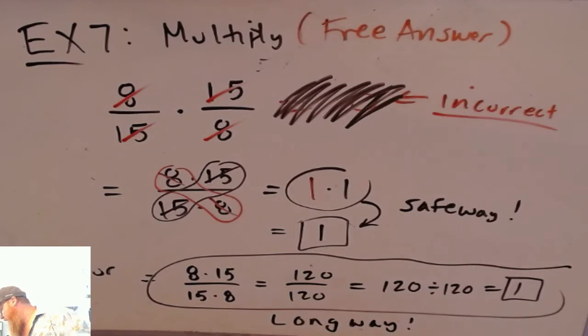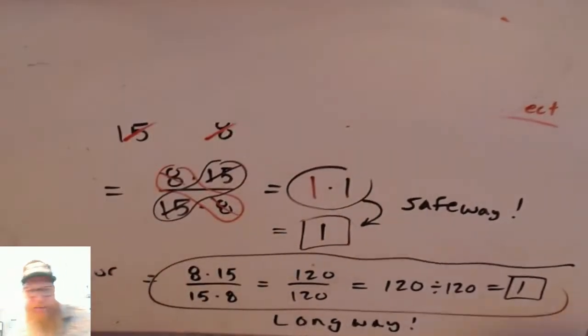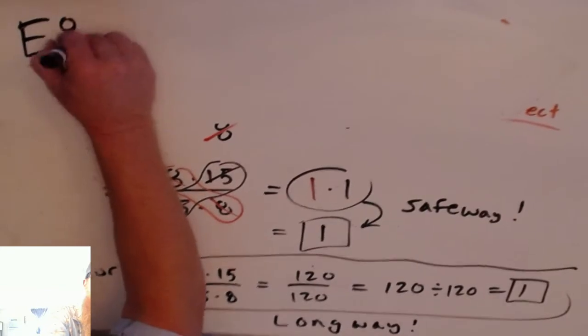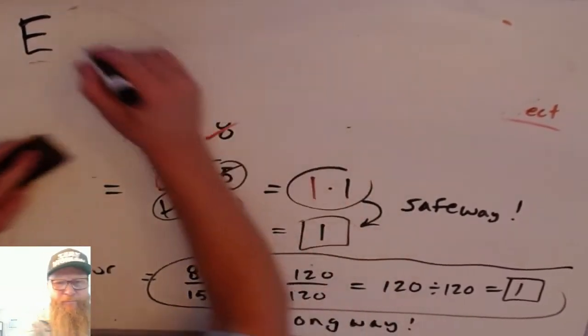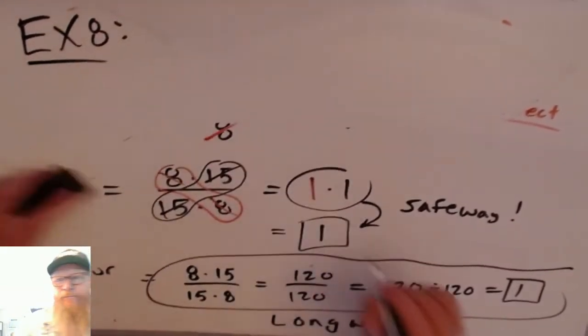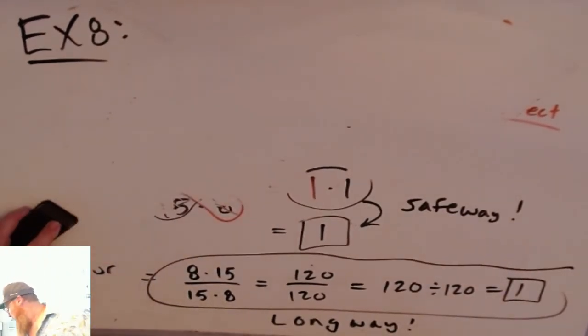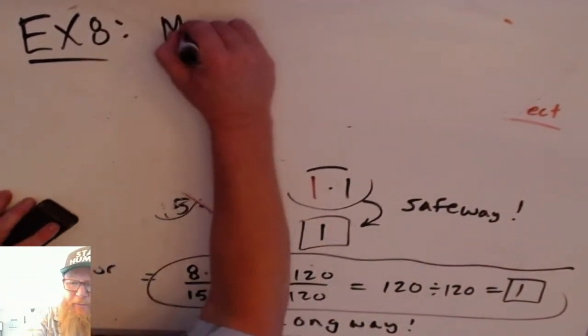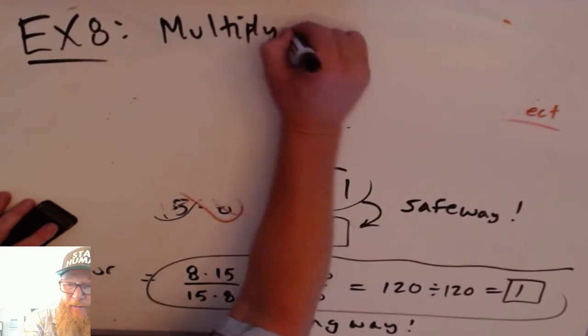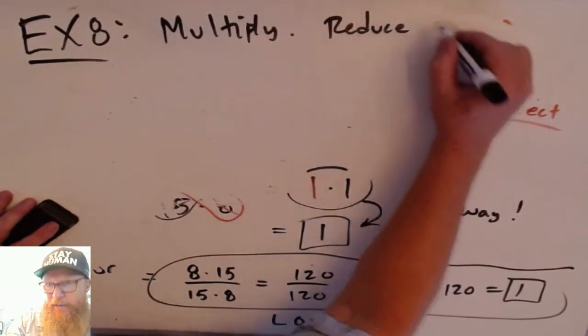All right, that ought to do it for multiplication of 2 factors. Let's do one with more than 2 factors. More than 2 factors, multiply, and then reduce your answer.